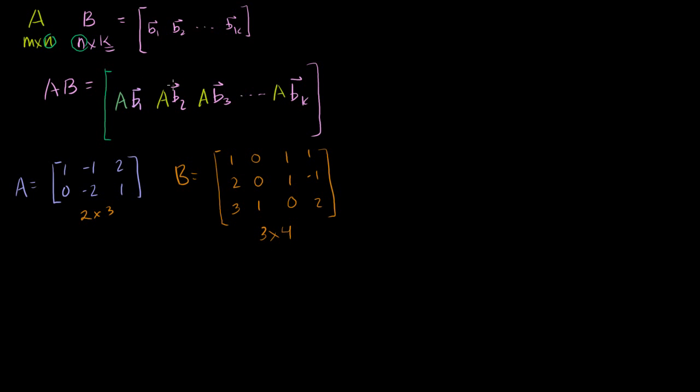So by our definition, what is the product AB going to be equal to? Well, we know it's well defined because the number of columns in A is equal to the number of rows in B. So we can actually take these matrix vector products. You'll see that in a second. So AB is equal to the matrix A times the column vector 1, 2, 3.